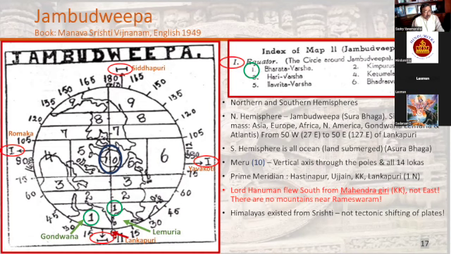It is not Sri Lanka. Everyone today believes that Sri Lanka is Ravana's Lanka, but it's not. The actual Lanka is near the equator. It is at the intersection. And like I said, it passes through Kanyakumari and Lanka. That's the prime meridian, and it is at the equator.